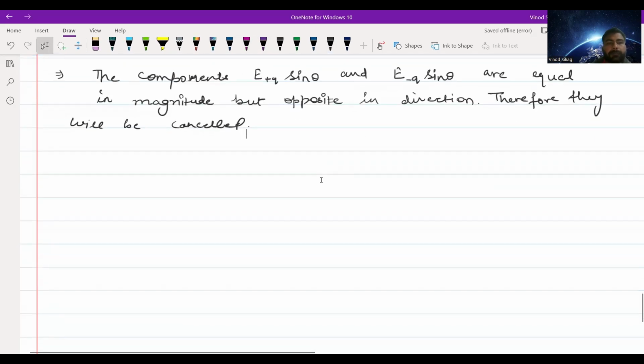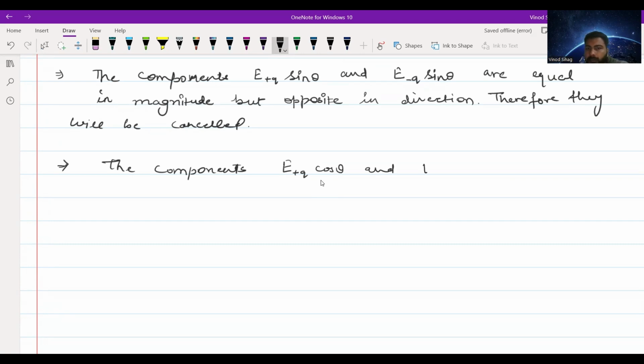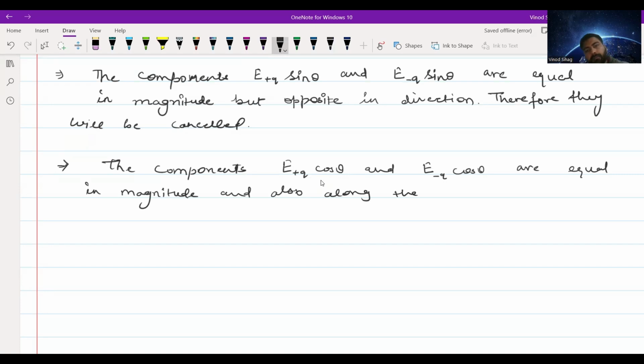अब सेकंड पॉइंट इसमें क्या लिख सकते हैं? सेकंड पॉइंट लिख सकते हैं the components E plus Q cos theta and E minus Q cos theta are equal in magnitude and also along the same direction.